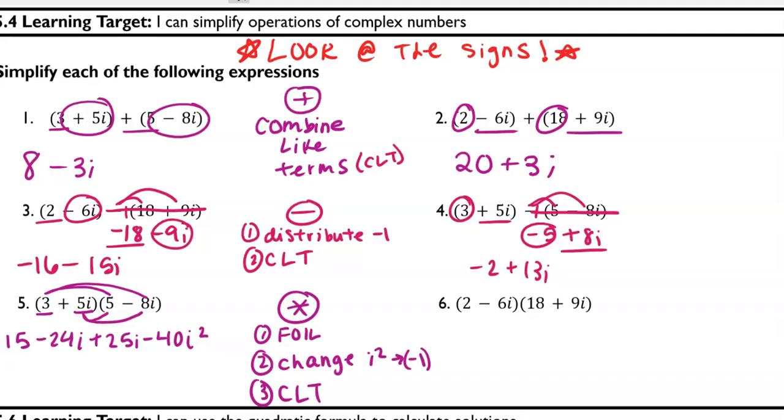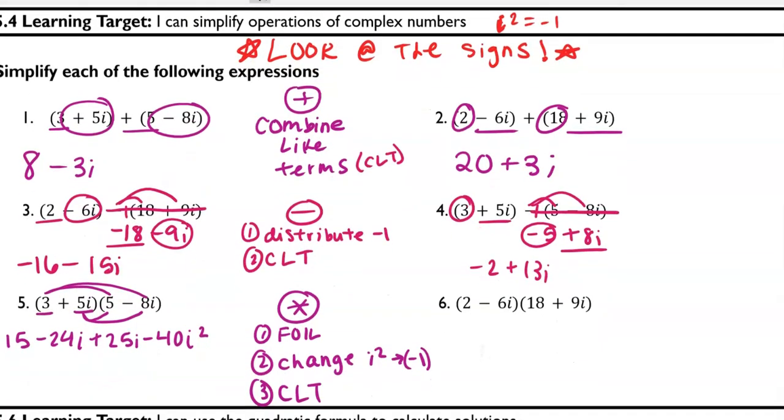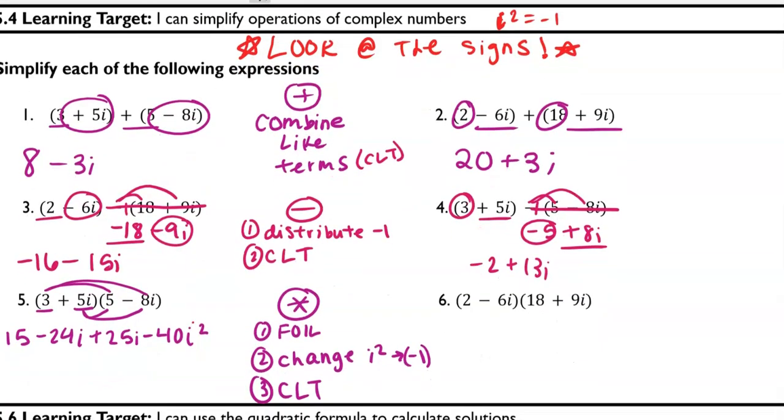Now, our next step is to change i squared to -1, because i squared equals -1. Really, i squared is like a secret way of saying -1. So really, what's -40 times -1? Positive 40. So all we really did here was remove the i and change the sign.